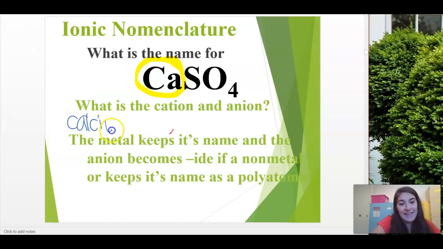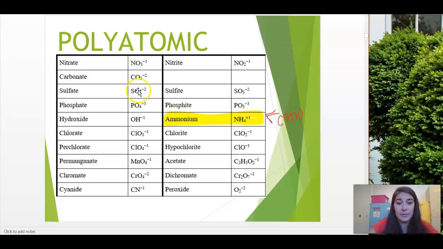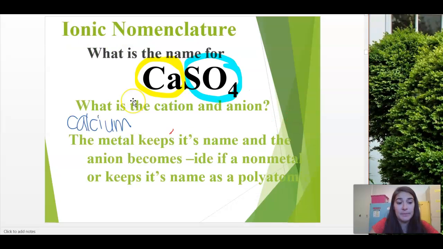Okay. And then SO4, this is an anion, and if you don't know your polyatomic ions yet, you find SO4 is right here, not to be confused with SO3. SO4, that is sulfate. Okay, so we've got calcium and sulfate coming together.